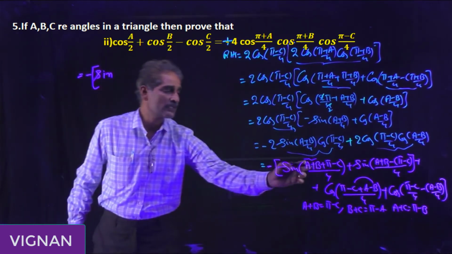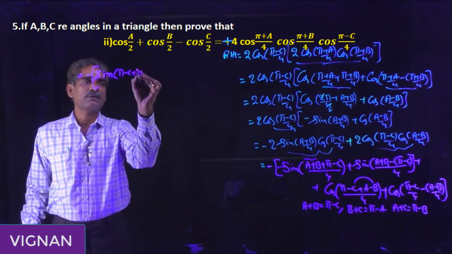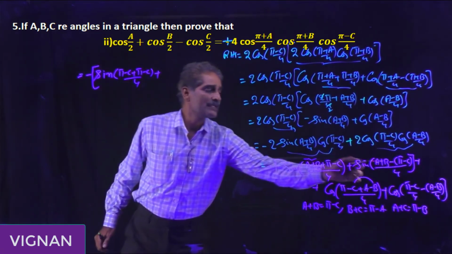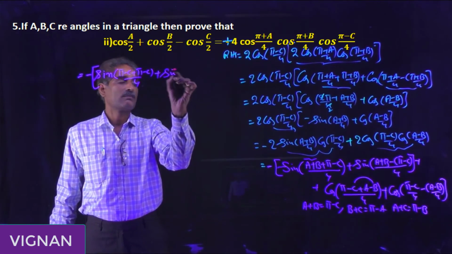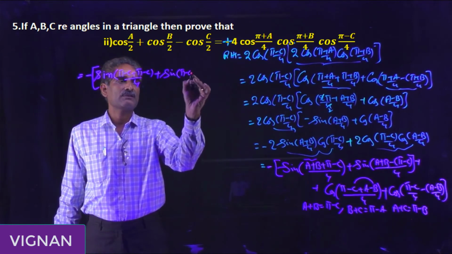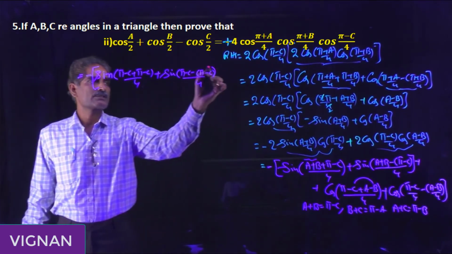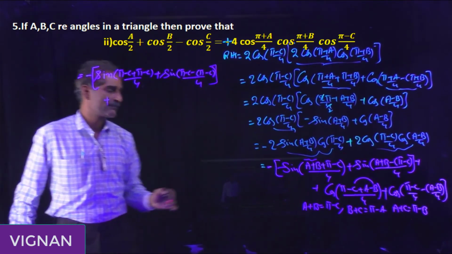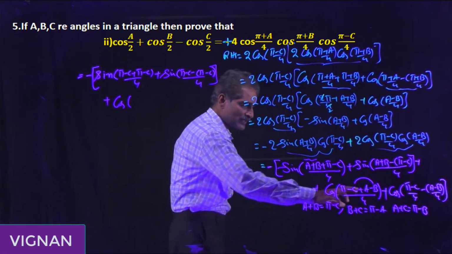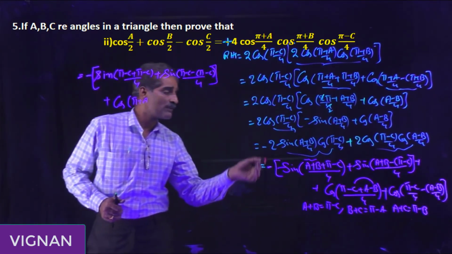Okay, so here we can write sin of (pi minus c plus pi minus c) by 4 plus sin of (pi minus c minus of pi minus c), which is 0. Next, plus cos of, so observe that here the positive terms are pi and a. Pi plus a is the positive term, and what about the remaining term?